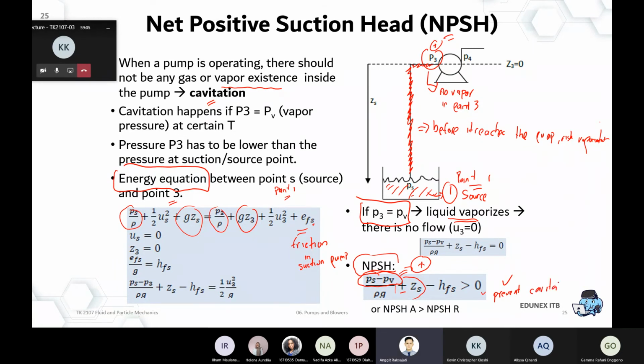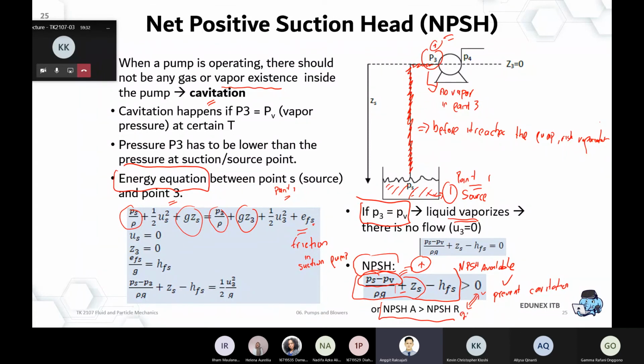Okay, there will be no vaporization if you can make sure that the left part of this equation is higher than 0. That is called the NPSH available. To be more precise, sometimes the 0 will be replaced by the NPSH required.